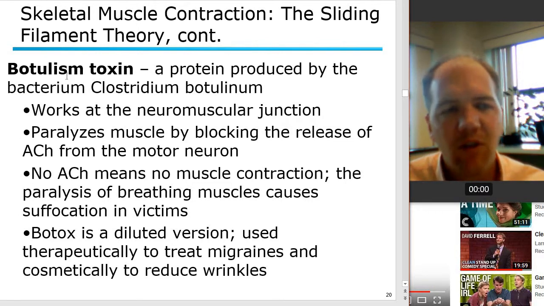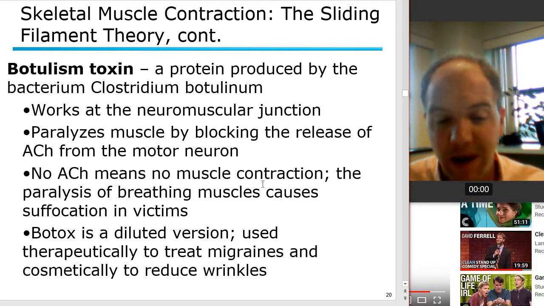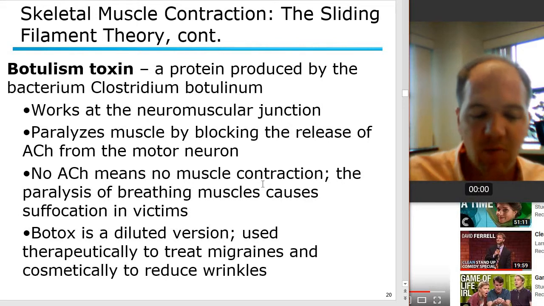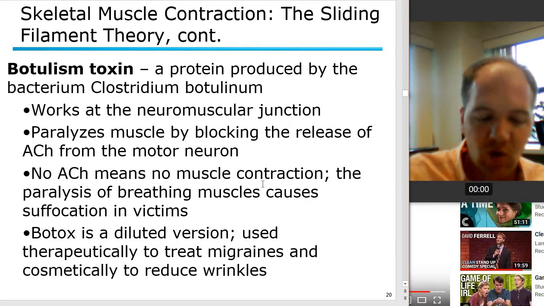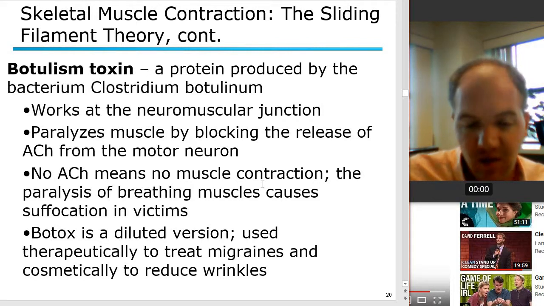You may have heard of botulism. One of the main places you can catch botulism is from canned food that has gone bad, basically. So they say when you buy canned food at the store, if the sides or ends of the cans are bulging at all, don't eat that, because there may be bacteria in there that's producing botulism toxin. If you eat that, then you could potentially die.